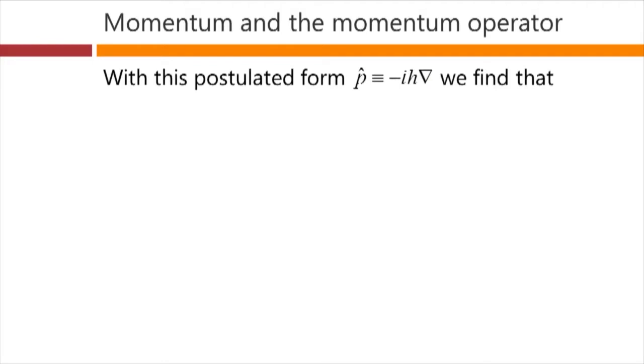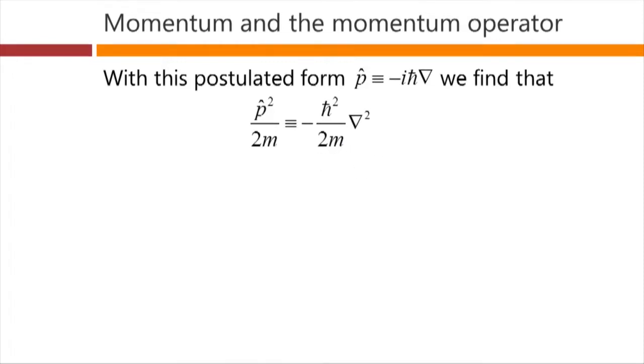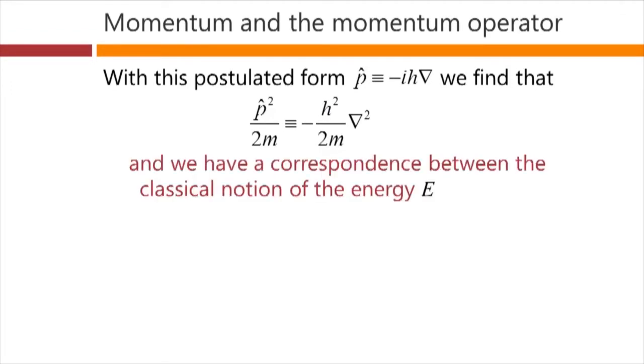So with this postulated form, that our momentum operator is minus i h bar times the gradient operator, we find that if we simply square this operator and put it over 2m, then what we have is minus h bar squared over 2m times del squared. And of course, we recognize that from being part of Schrödinger's equation.